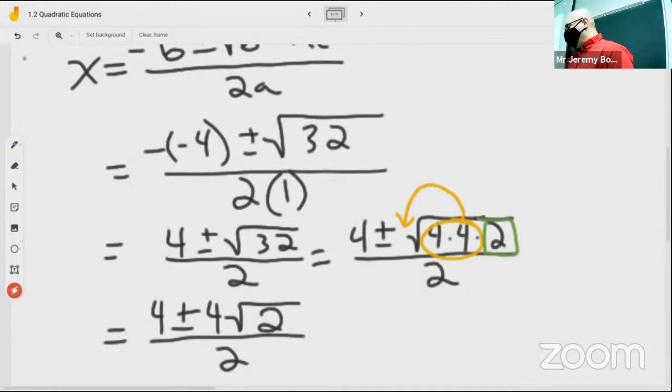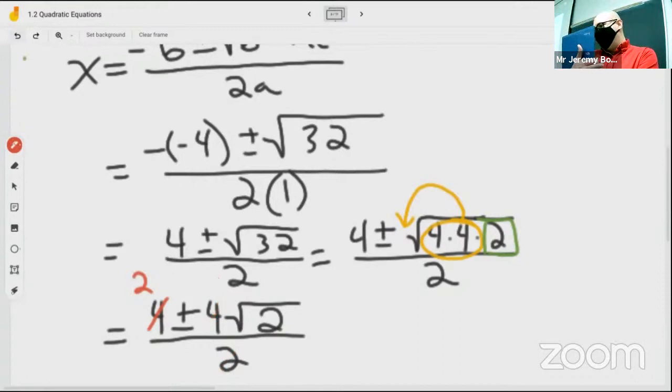Okay. Now that my numerator's first term is divisible by 2, this term is also divisible by 2, and my denominator is divisible by 2, now I can reduce everything by 2. If you're worried about making a mistake with that, I can show you the safe way to do it.